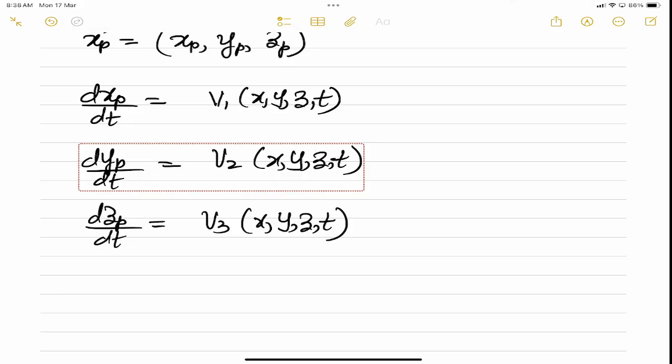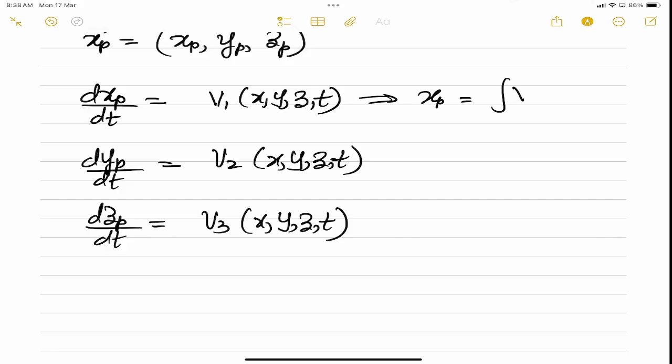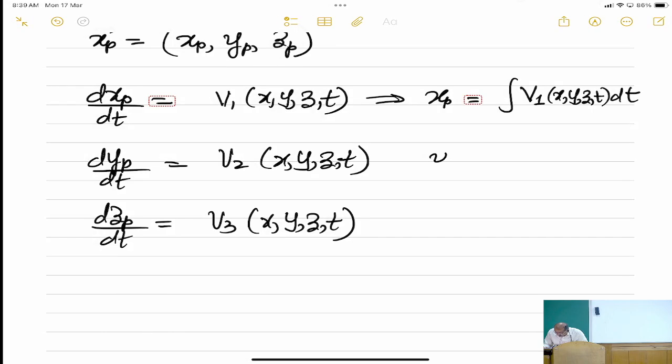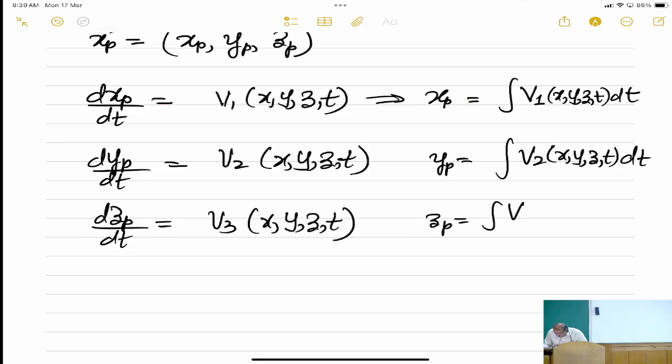So now, obviously x location, y location will be given by integrals.